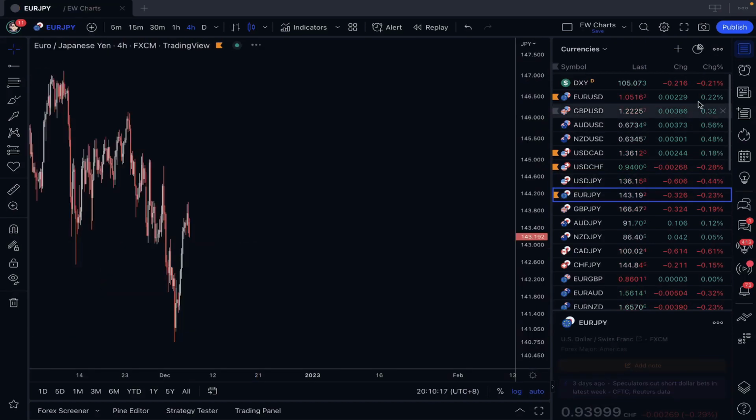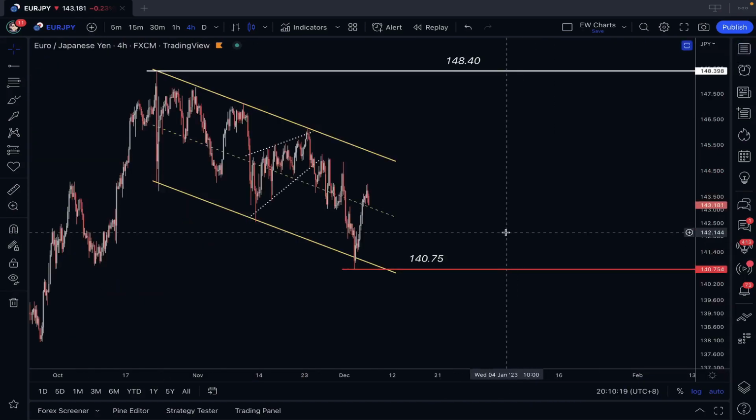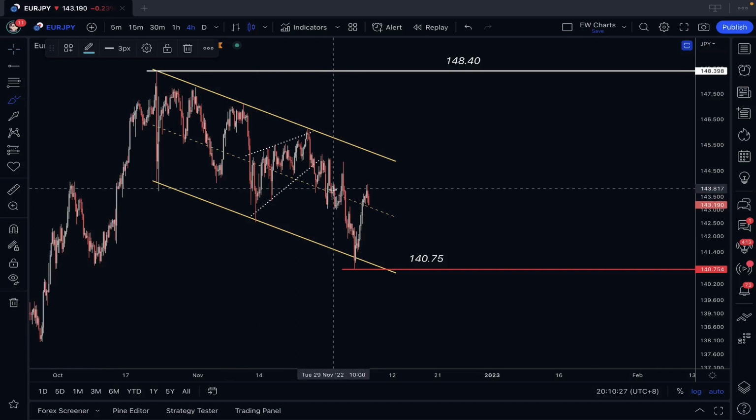Another one here to keep an eye on this week is the Euro Yen. This might take a little while and you might need a little bit of patience on it. But right now on Euro Yen, it's very clear we have a little V-shaped formation with a very nice bounce at the bottom of this channel. So that low here is around 140.75.